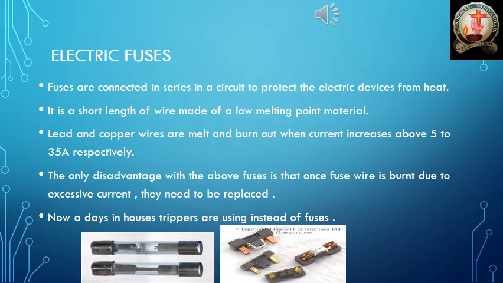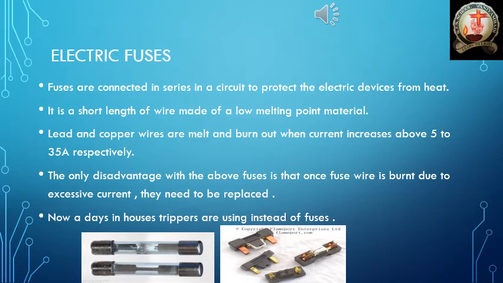Next, lead and copper wires melt and burn out when current increases above 5 to 35 amperes respectively. Usually in our homes we use lead and copper wires to prepare fuses.